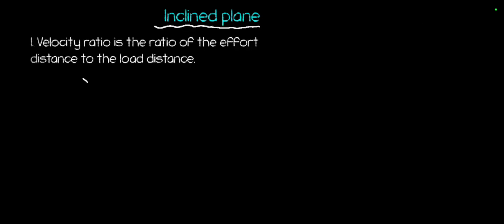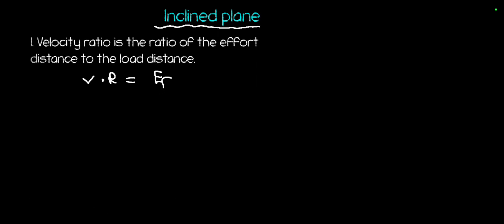So now let's look at velocity ratio. From the definition, velocity ratio is the ratio of the effort distance to the load distance. Let's move on. It is represented by V.R., which is equal to effort distance over load distance.